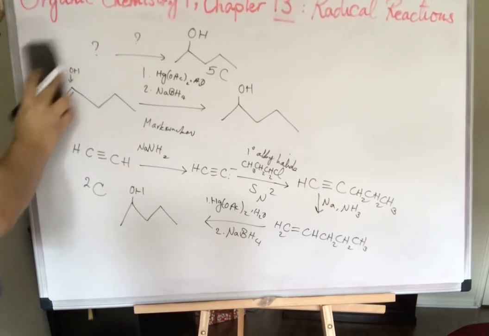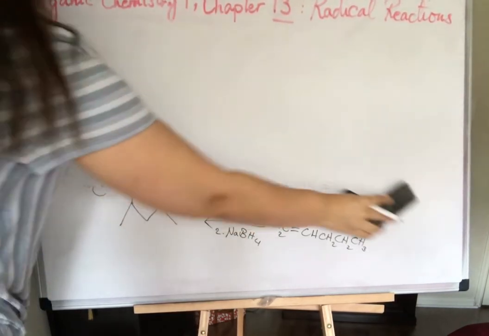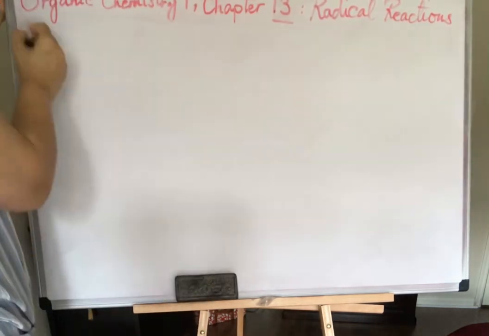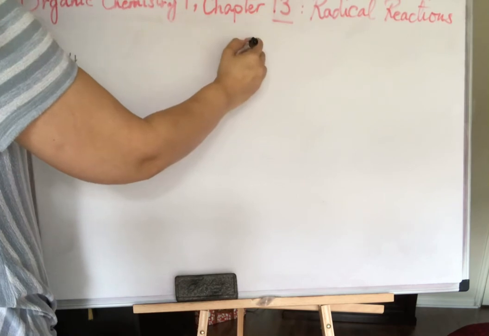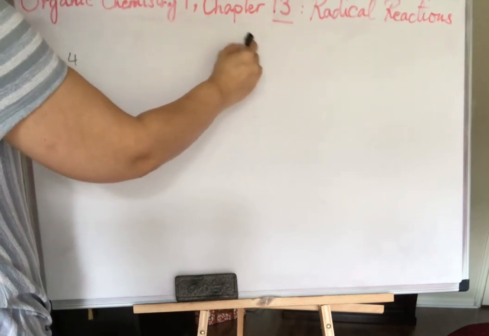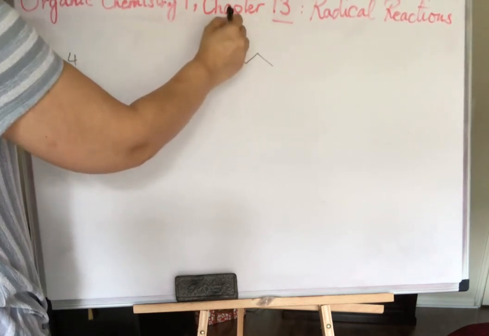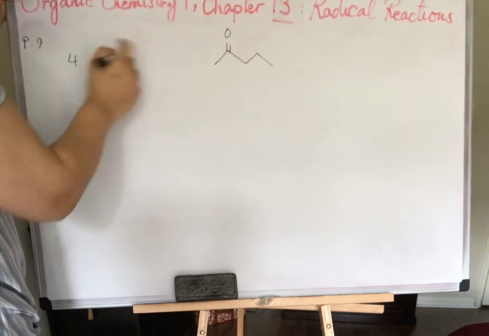If we want to work on the last practice you have on page 9, number 4, prepare 2-pentanone from any organic compound, 1, 2, 3, 4, 5, 2-pentanone. So very straightforward.